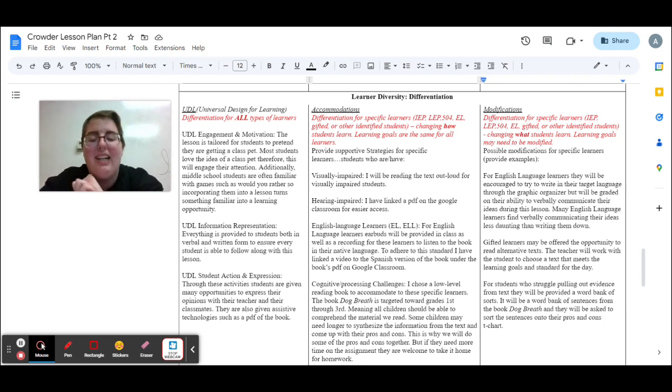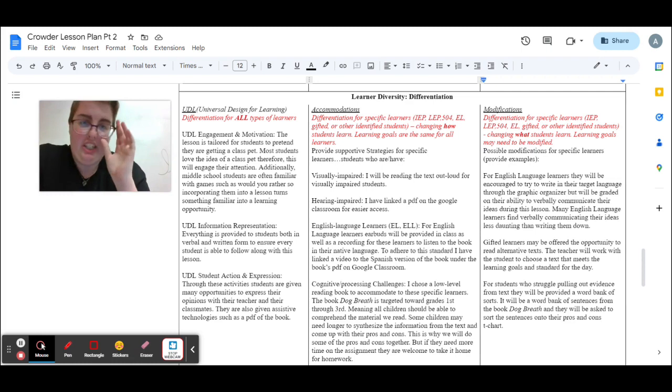And for my cognitive processing challenges, this is why I chose a very low-level reading book. It's targeted toward grades 1st through 3rd. So every student should be able to understand this book and synthesize the information given from the text.